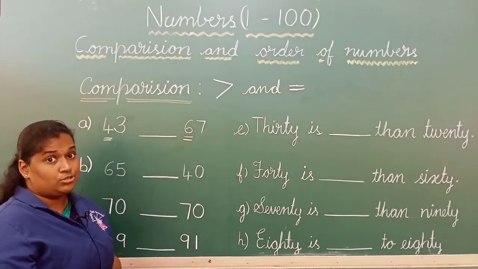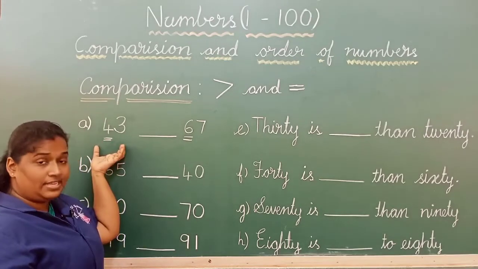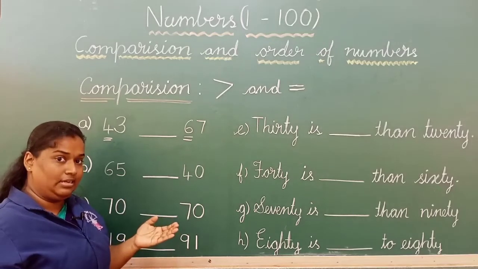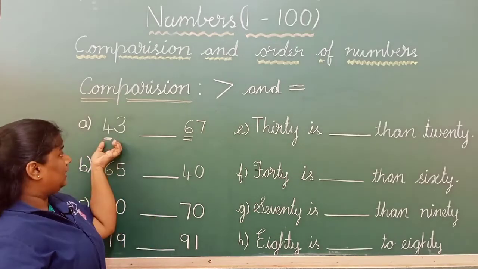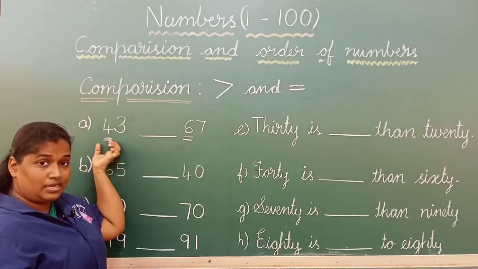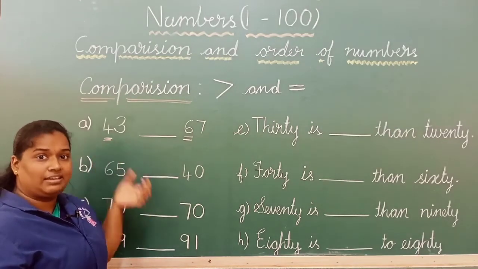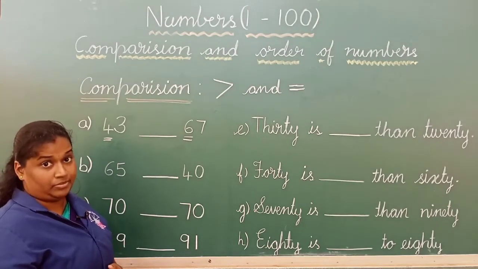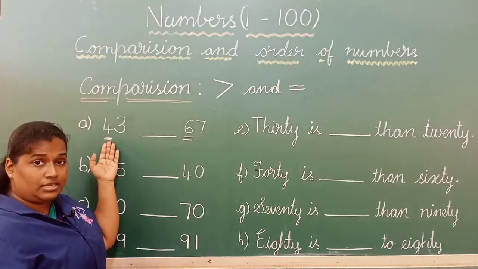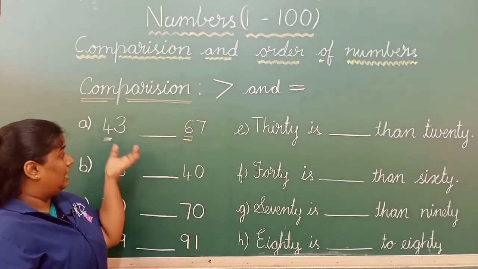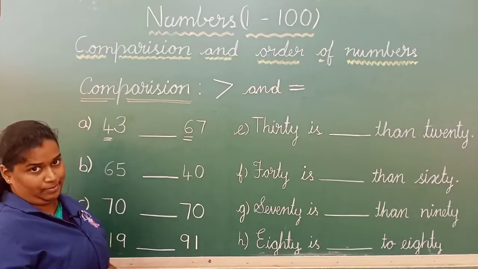So here, to identify whether the first given number is smaller or greater, we have compared the tens places. If the first number's tens place is greater, then that is the greater number. If the first number's tens place is smaller, then that is the smaller number.